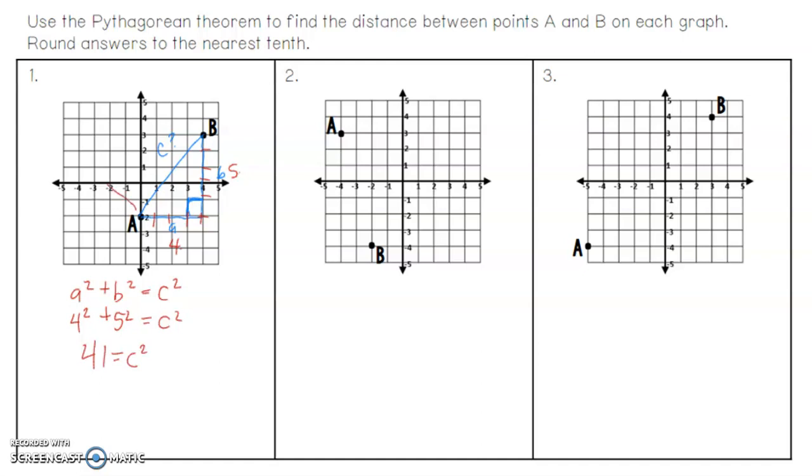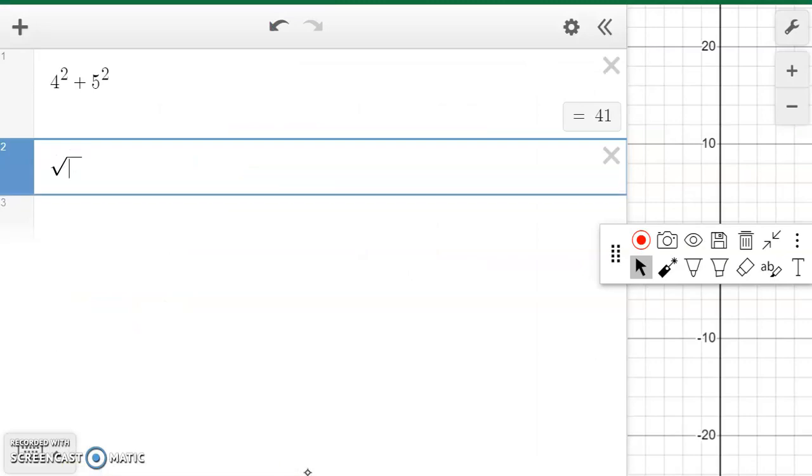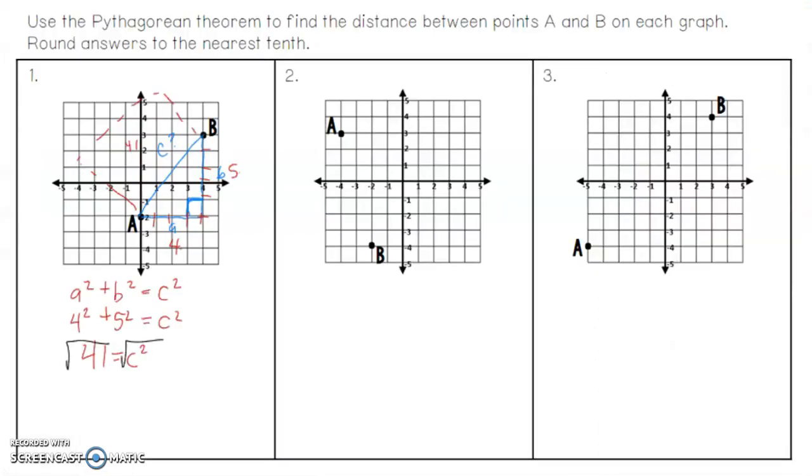Remember, that would be like if I drew a square here, the area is 41, but I want the side length. Remember, side length is found by taking the square root of the area. Okay, that's not a perfect square, so I'm going to jump back into Desmos, square root that baby, and we'll round it to the nearest tenth, so we'll say 6.4.